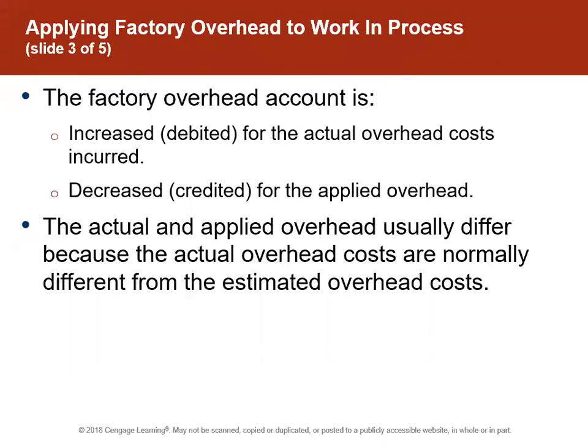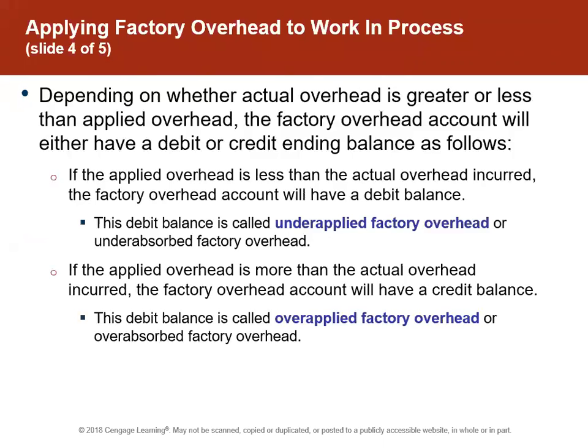Again, we're estimating, so a lot of times at the end of the month, our actual and applied are different numbers. So we have to deal with that. What do we do about that?